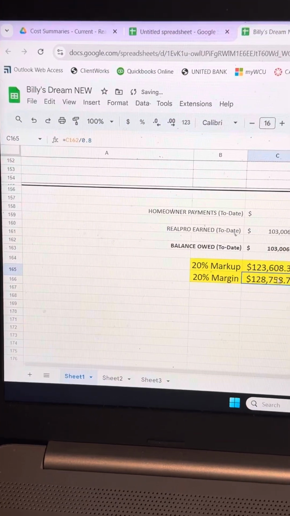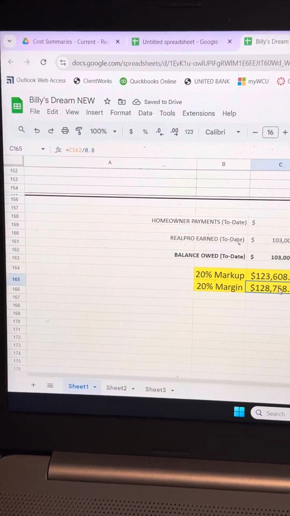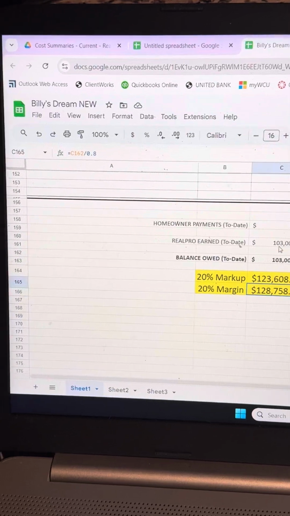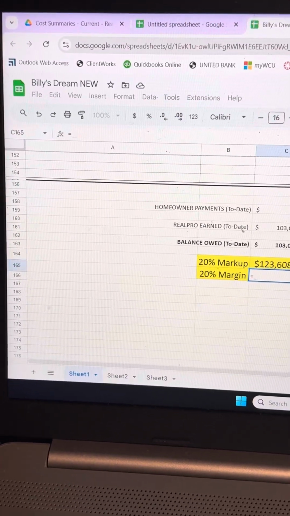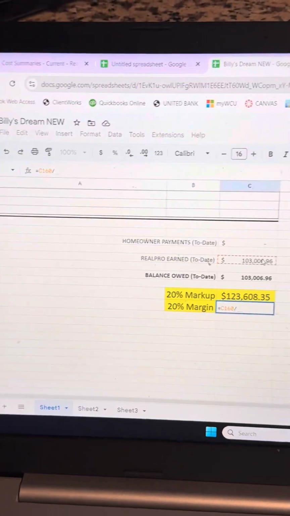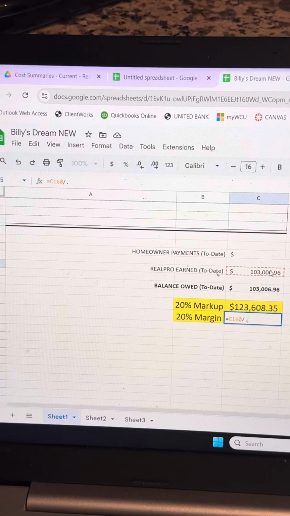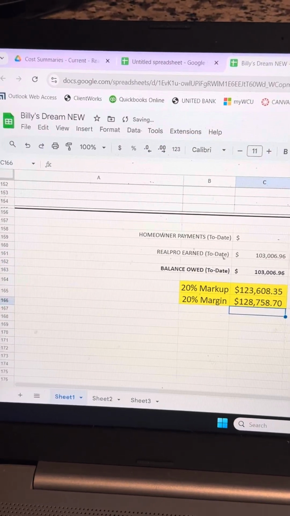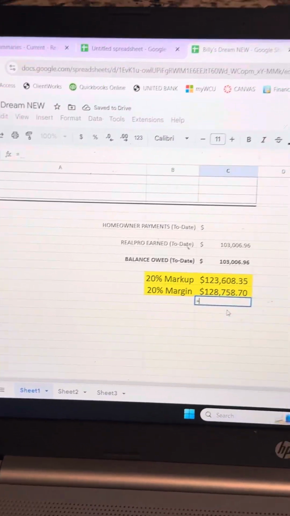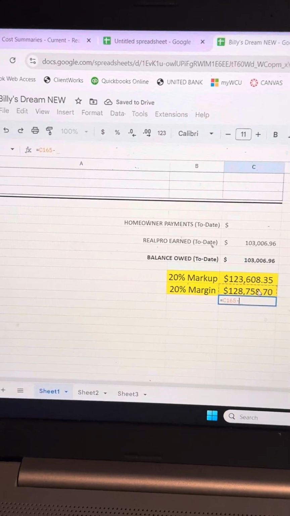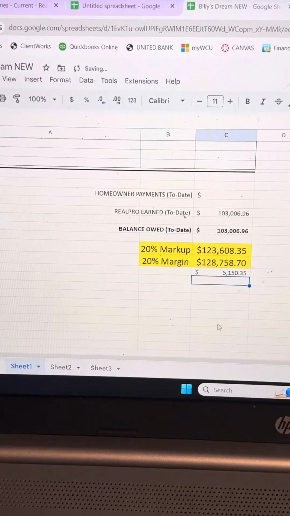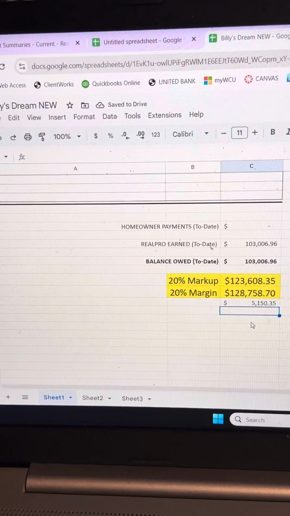Comes out to 123,608. Here we are taking the expenses divided by 0.8, the reciprocal of 1.2, and that equals 128. So the difference would be 5,150.